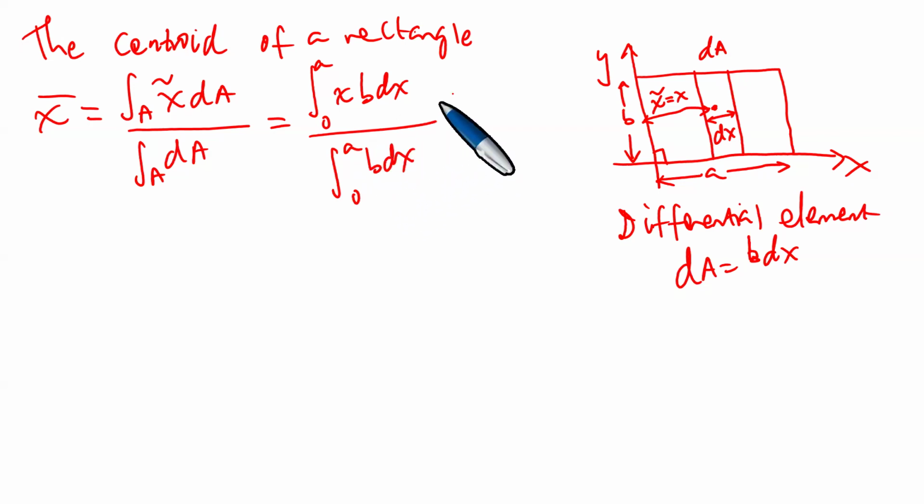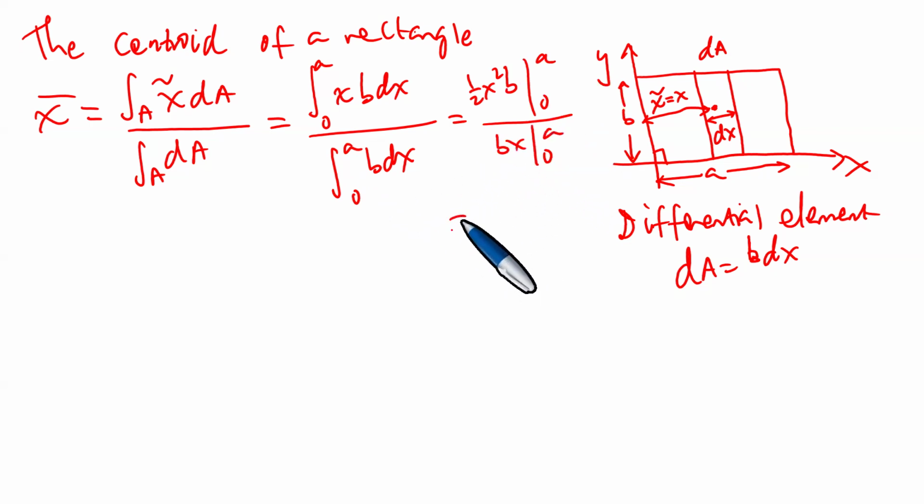For the numerator, it's going to be one half x squared b from 0 to a. With respect to the denominator, it's going to be bx from 0 to a. Therefore this is one half a squared b divided by ab.